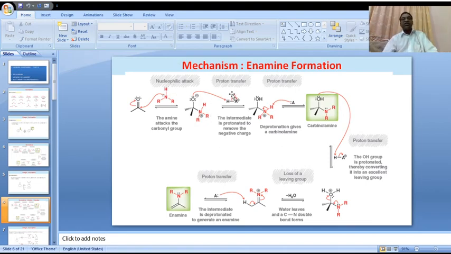Nucleophilic attack, proton transfer. In this proton transfer, it is converted into an excellent leaving group. That leaving group, a water molecule, is lost to form an intermediate. From this intermediate, by proton abstraction or proton transfer, finally we will get an enamine compound. Okay.